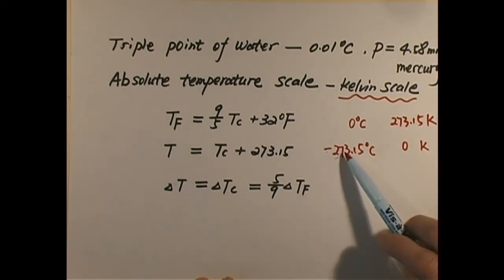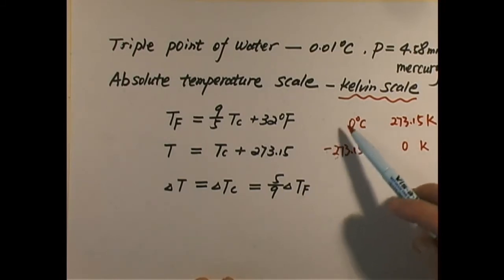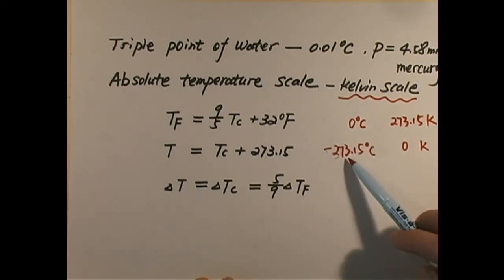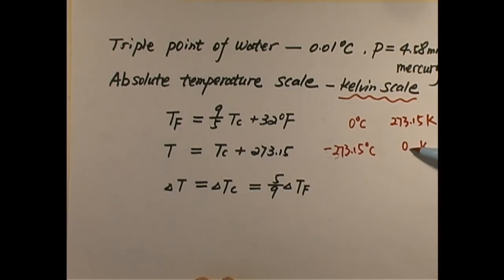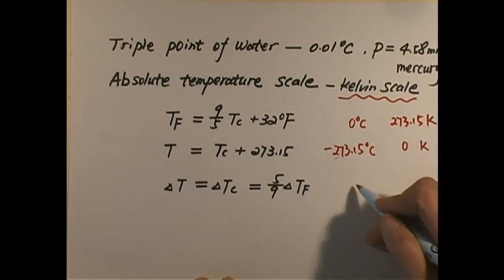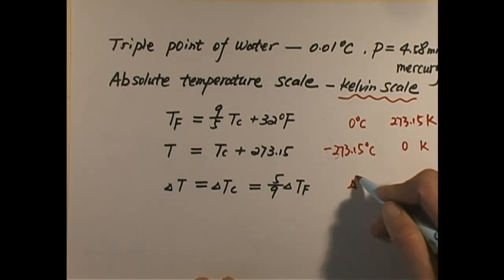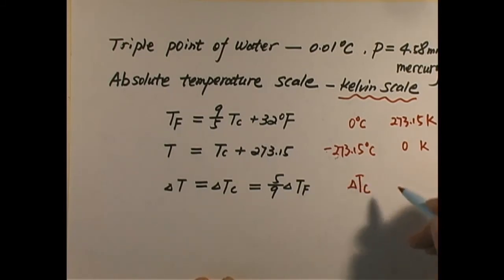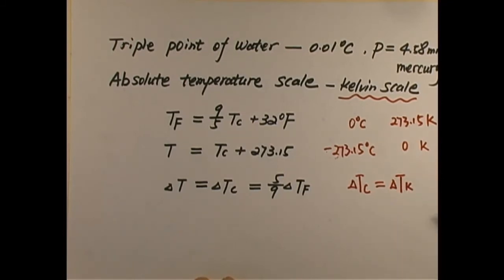Therefore, if Celsius increases from negative 273 to 0, it jumped by 273.15 degrees, and the Kelvin also jumped the same amount. So here's something very interesting: the change delta T in Celsius exactly equals the delta T in Kelvin. The increments are exactly the same.